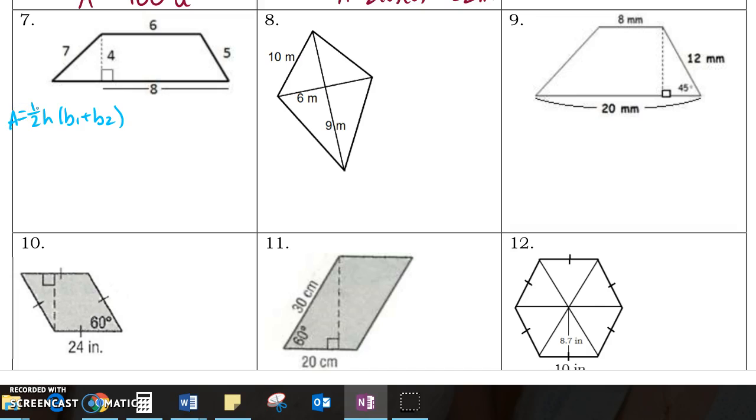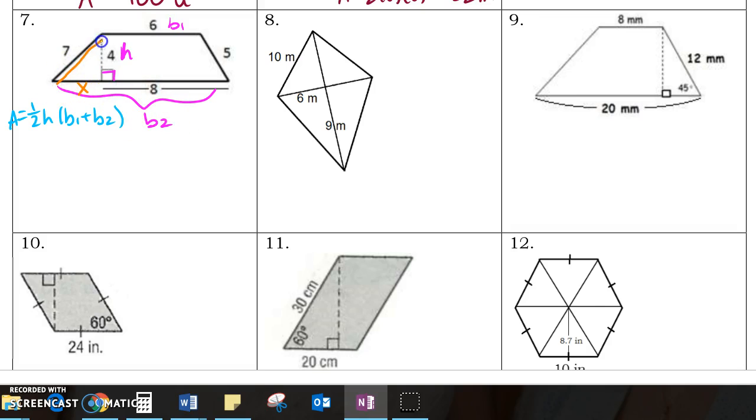So looking at this, bases are parallel, so we can call this one base 1, and this whole thing is base 2, not just 8, the whole entire thing. And then 4 would be our height because it makes the right angle with the base.